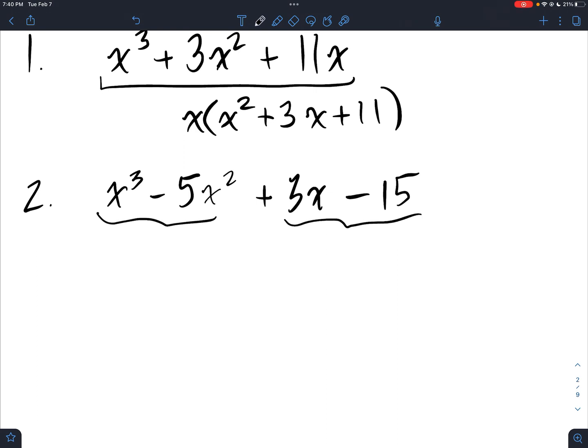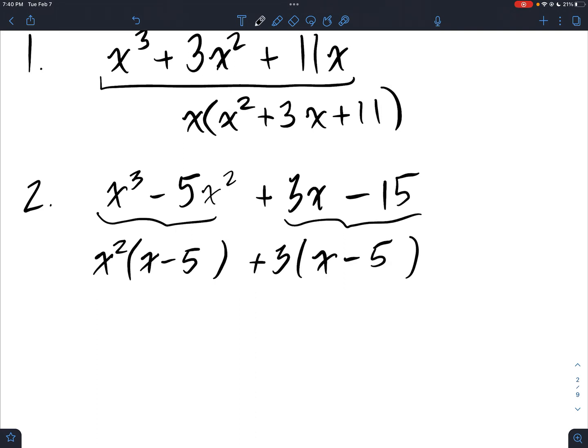So that can happen. Or you can get something like this, where we do factor by grouping, where you see that both of these first two have an x squared, and you divide that and get this, and both of these have a 3, so I can take that out.